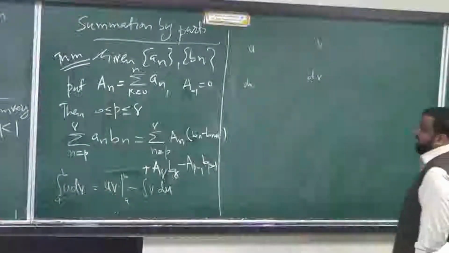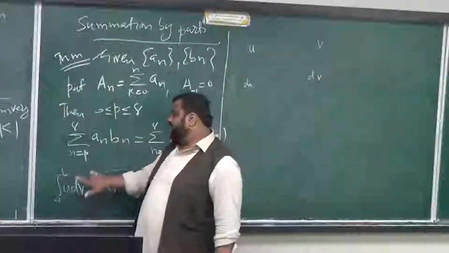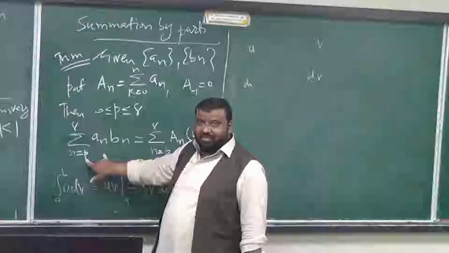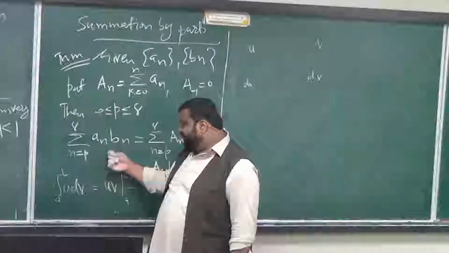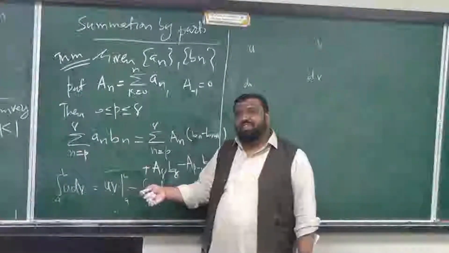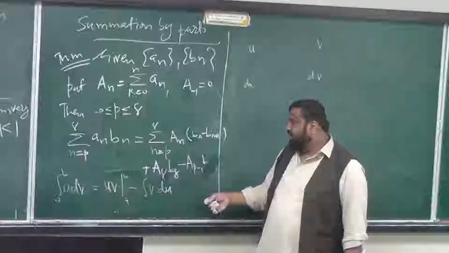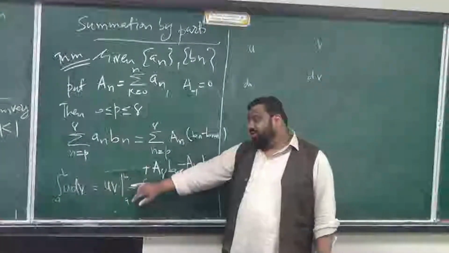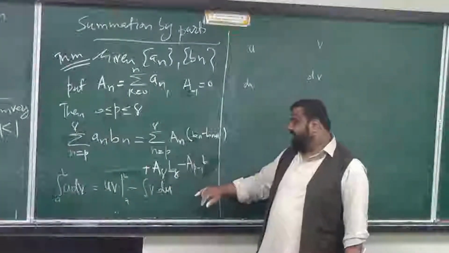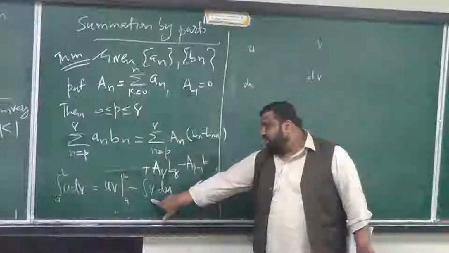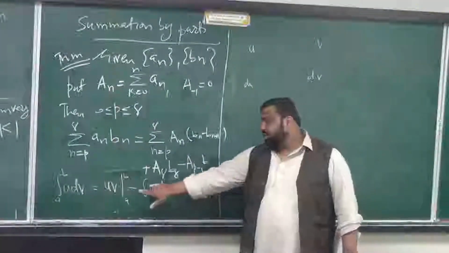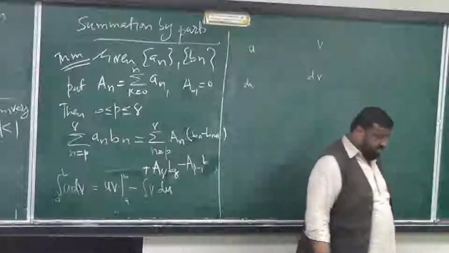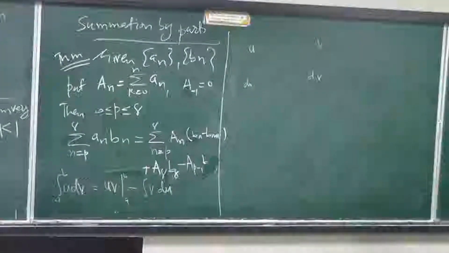Because if I compare this sum with this, there must be something U and something DV. This is the analog of this term, and this is the analog of this term. So it should be U.